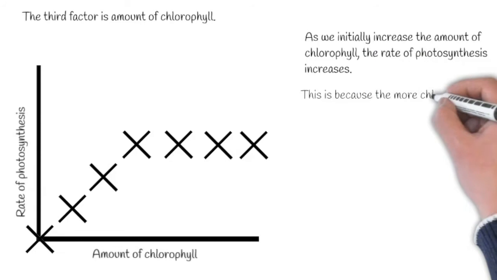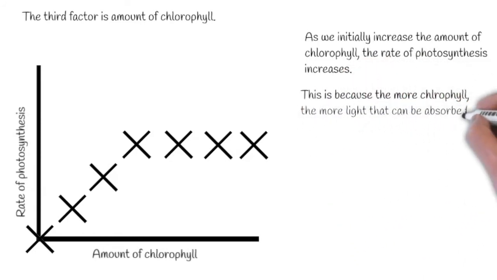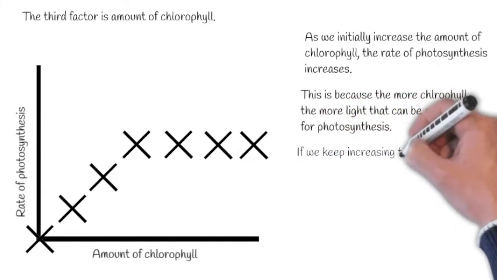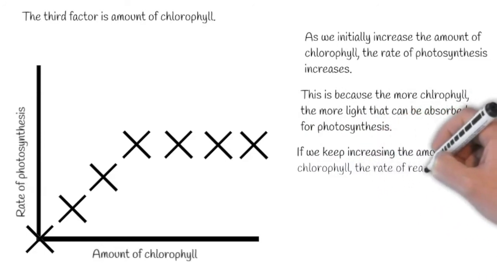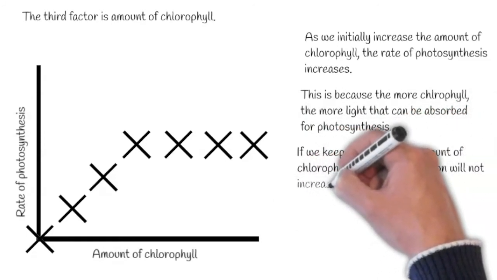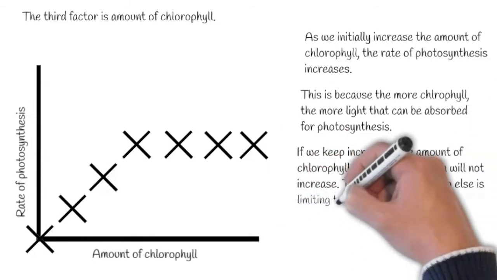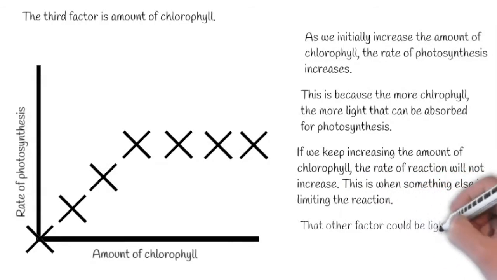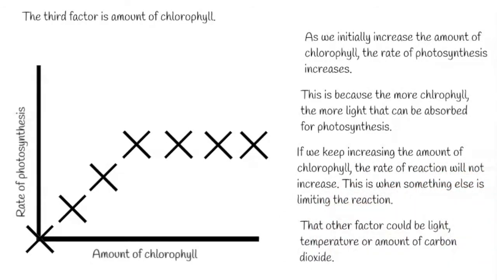This is because the more chlorophyll, the more light that can be absorbed for photosynthesis. If we keep increasing the amount of chlorophyll, the rate of reaction will not increase. This is when something else is limiting the reaction. That other factor could be light, temperature, or amount of carbon dioxide.